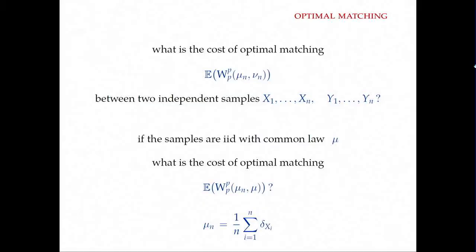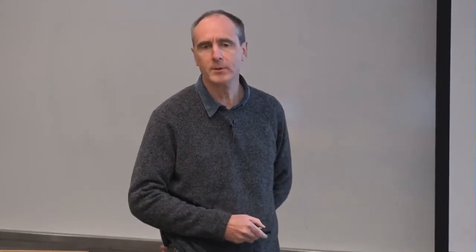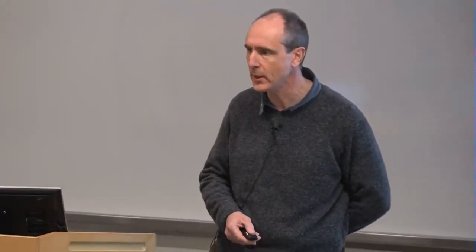And if we now rephrase the optimal matching question we would like to investigate, it is to try to find the order of growth of this quantity between two independent samples, xi and yi. This is just a rephrasing in terms of this Kantorovich metric.